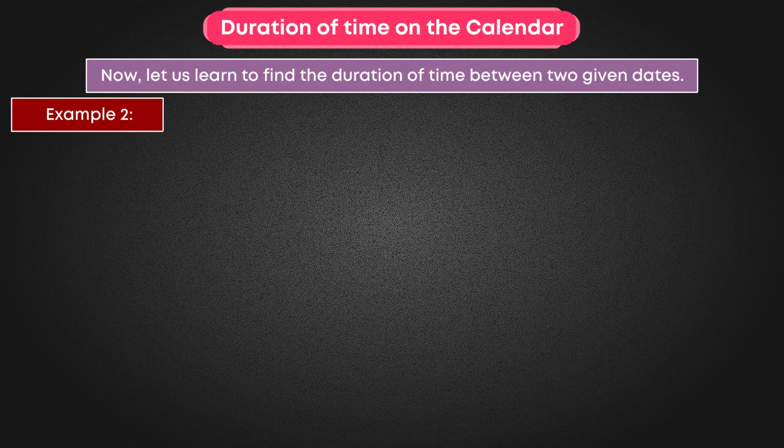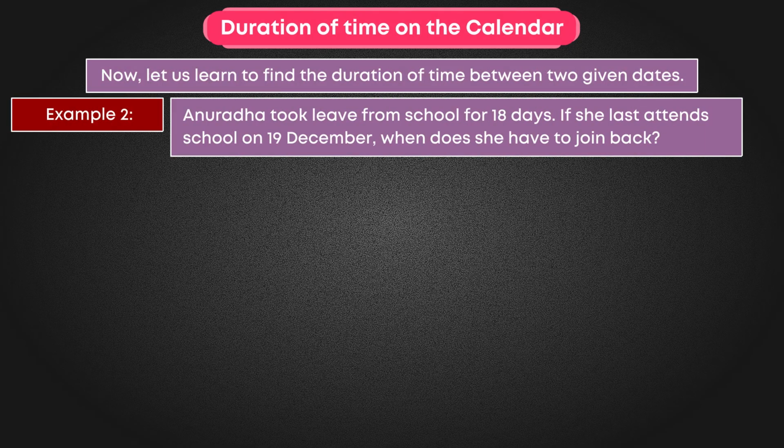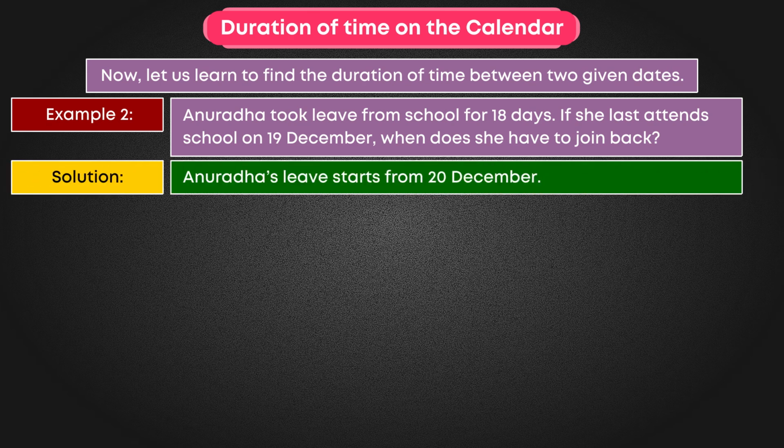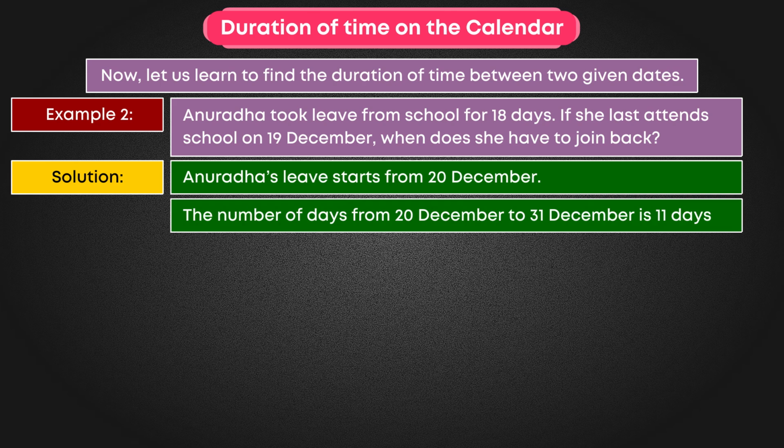Example 2. Anuradha took leave from school for 18 days. If she last attends school on 19th December, when does she have to join back? Solution. Anuradha's leave starts from 20th December. The number of days from 20th December to 31st December is 11 days.